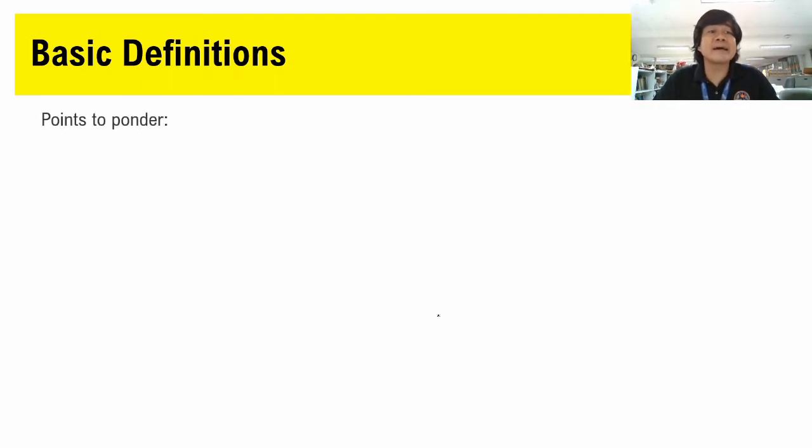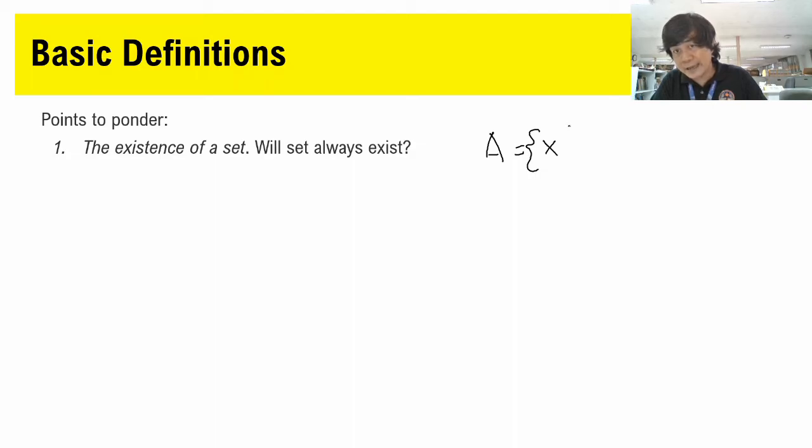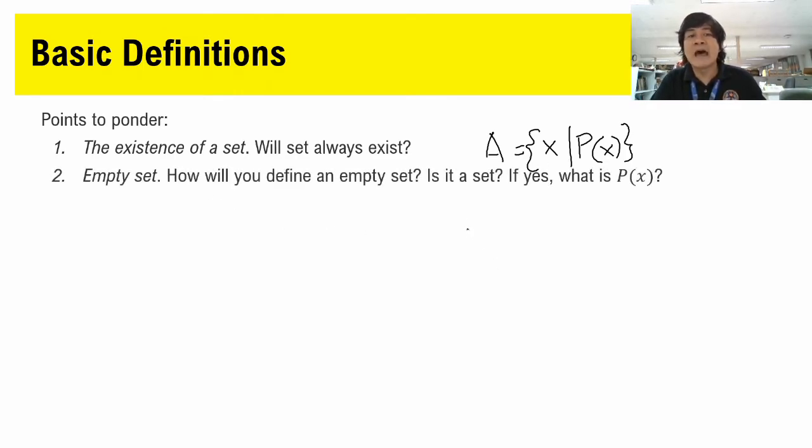Now, let's go back to our question earlier. Will a set always exist? When we base this on our definition, that you simply collect all of the elements having the same property, therefore, you have a set. Well, you can say yes by this definition. But how about an empty set? How will you define an empty set? You can consider this logical statement, this property.